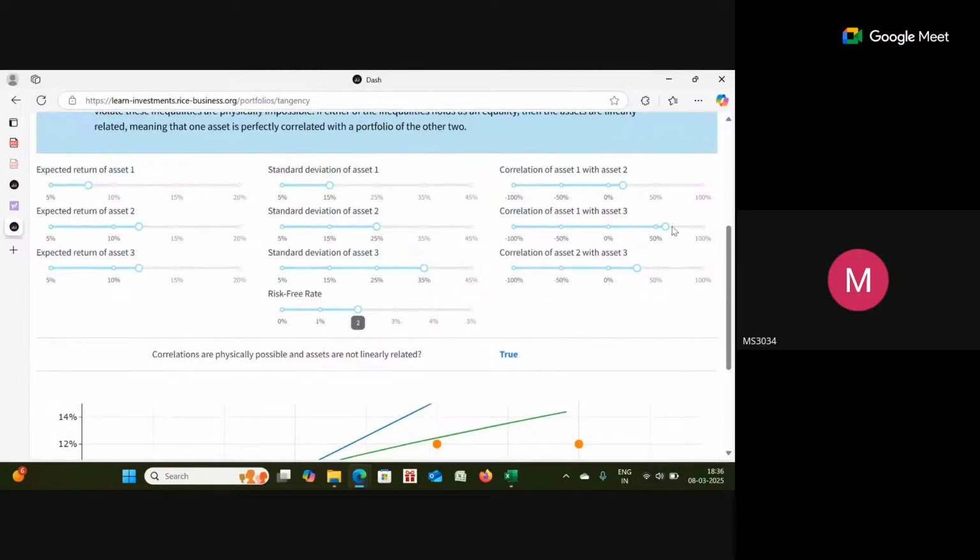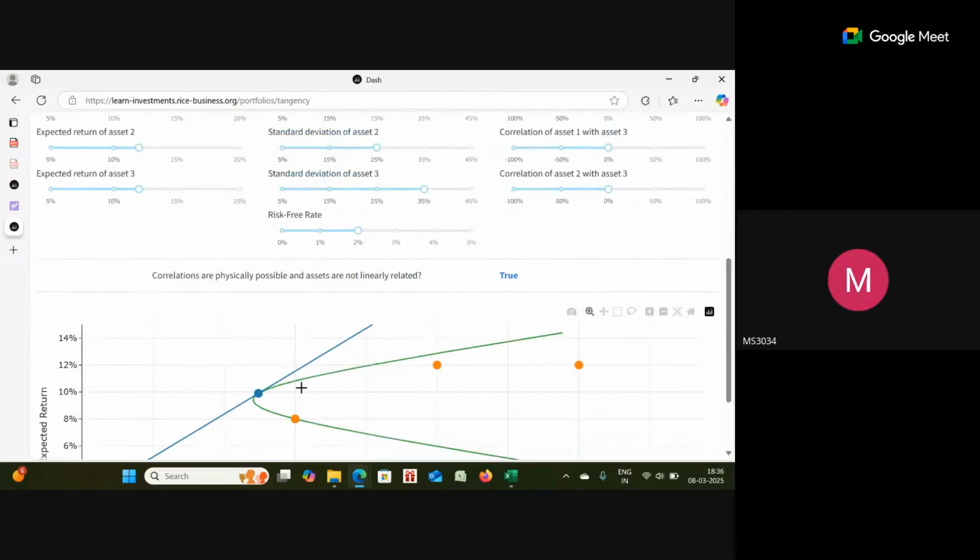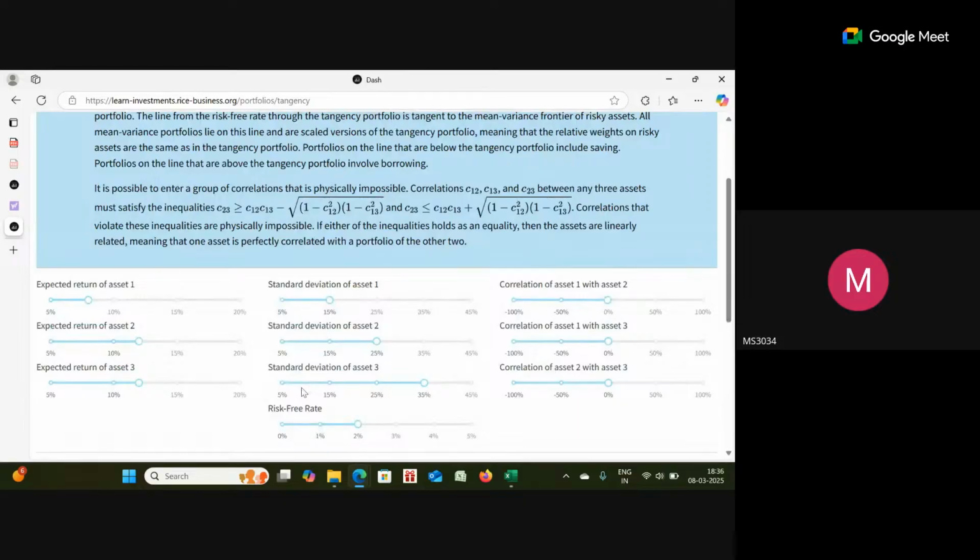You can change the correlation. Let's suppose there is no correlation between all the assets. This is 0, this is 0, and this is also 0. So if all of them are 0, then the case changes. What I would recommend to all of you is to go to this Rise Business School platform and play with these numbers.